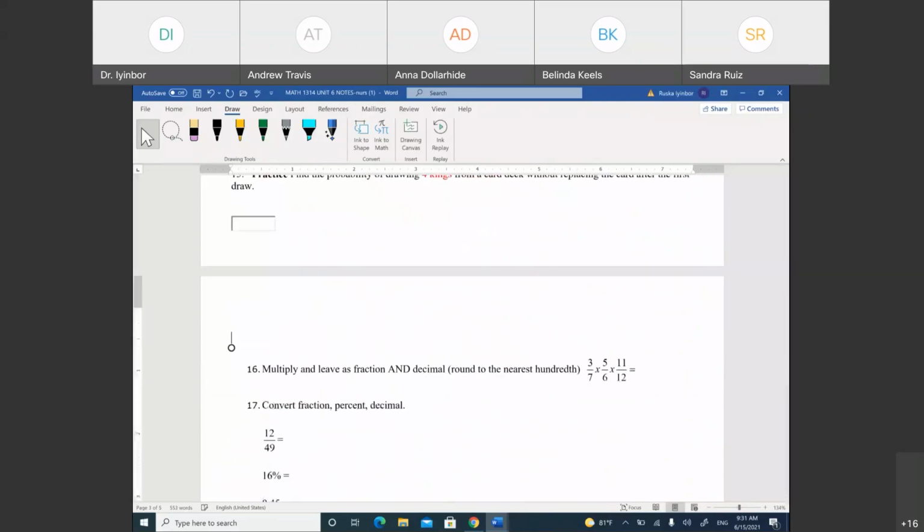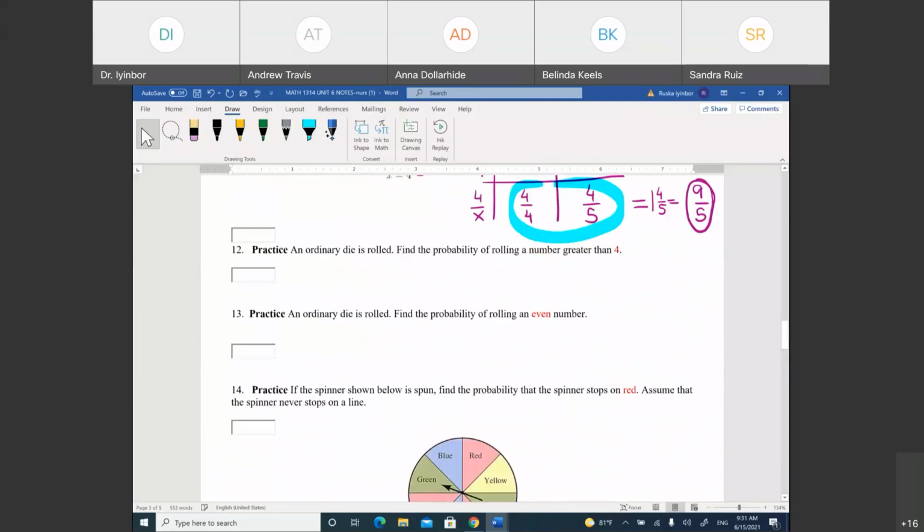For number 12, we have an ordinary die that is rolled. The die has 6 sides, right? The question is, find the probability of rolling a number greater than 4. Which of the numbers are greater than 4? The ordinary die has the sides 1, 2, 3, 4, 5, and 6, so a total of 6.